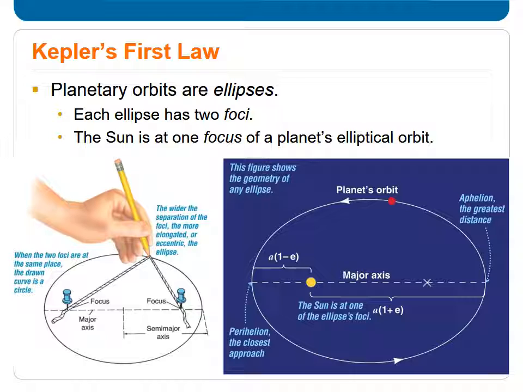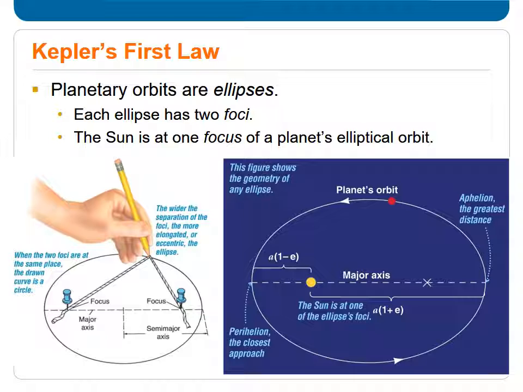The semi-major axis is half of the whole major axis, which spans the entire long side of the ellipse. The thumbtacks mark the foci, or each focus of the ellipse. The sun is at one of the ellipse's foci.